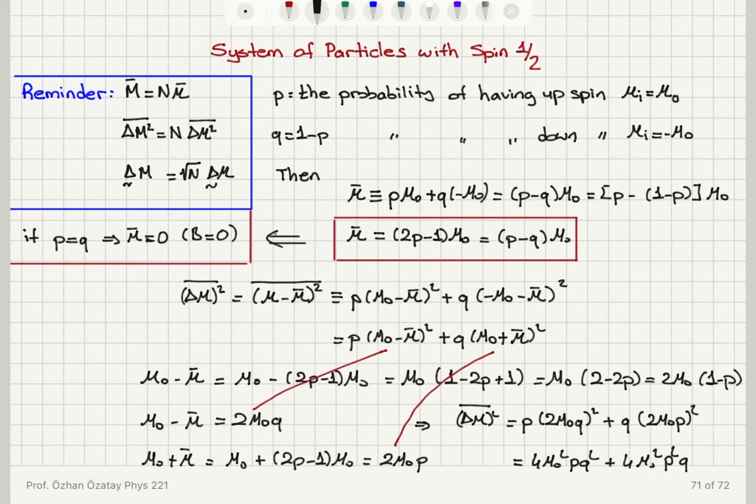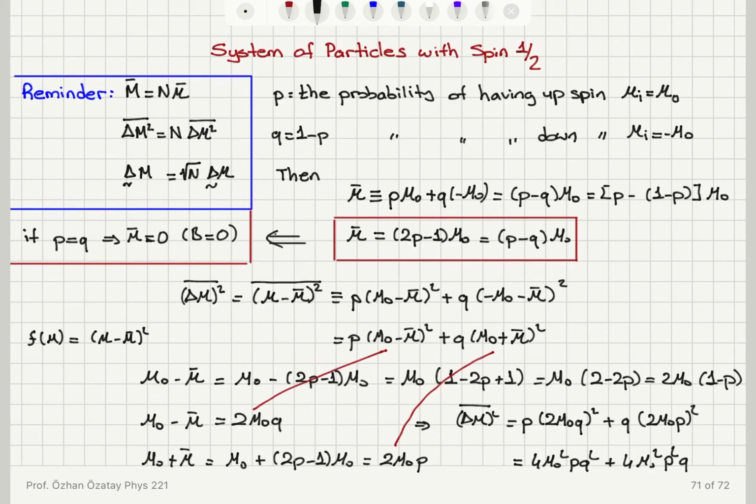And then I calculated the variance. Basically what I have here is a function of mu. What is the function of mu? It is mu minus mu bar squared. Mu bar is a number, so it's just mu minus a constant squared. It's that function I'm taking the average of. So I multiply by the probability p of having a value mu 0 minus mu bar squared, plus q, the probability of having a value minus mu 0, multiplied by minus mu 0 minus mu bar squared.